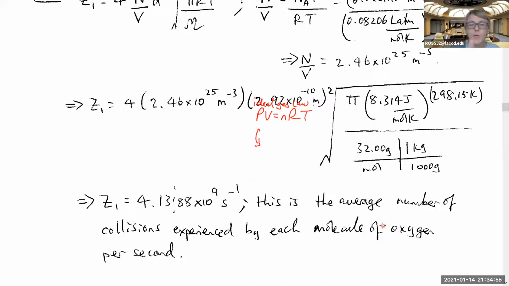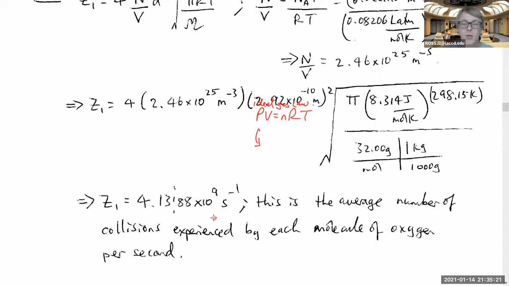And then if we've calculated it correctly, we get a collision rate of 4.1388 by 10 to the 9 reciprocal seconds. So this is a frequency of order of magnitude 1 billion per second. This represents the average number of collisions experienced by each molecule of oxygen in 1 second.